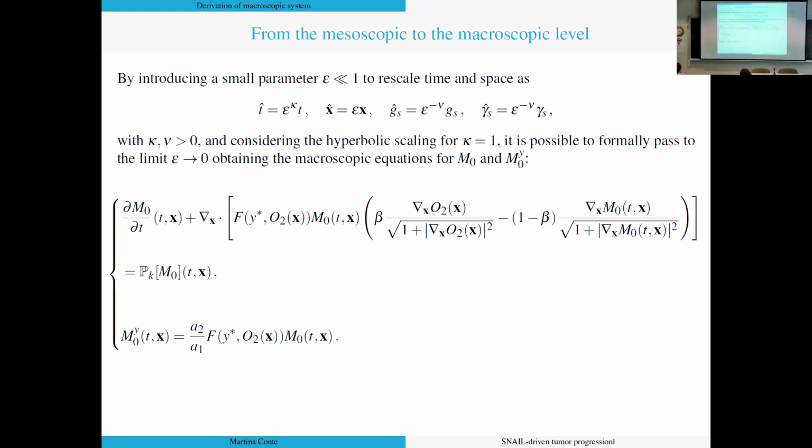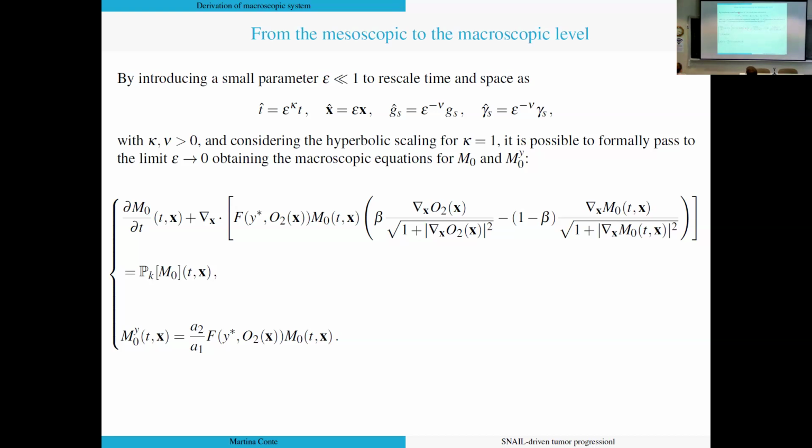There's a very classical theory of kinetic models that allows you to derive from the kinetic equation the corresponding macroscopic system. It is based just on rescaling the space and time. And what we assume is that the microscopic processes related to snail production and degradation are much faster than all the other processes related to cell development, so cell progression.